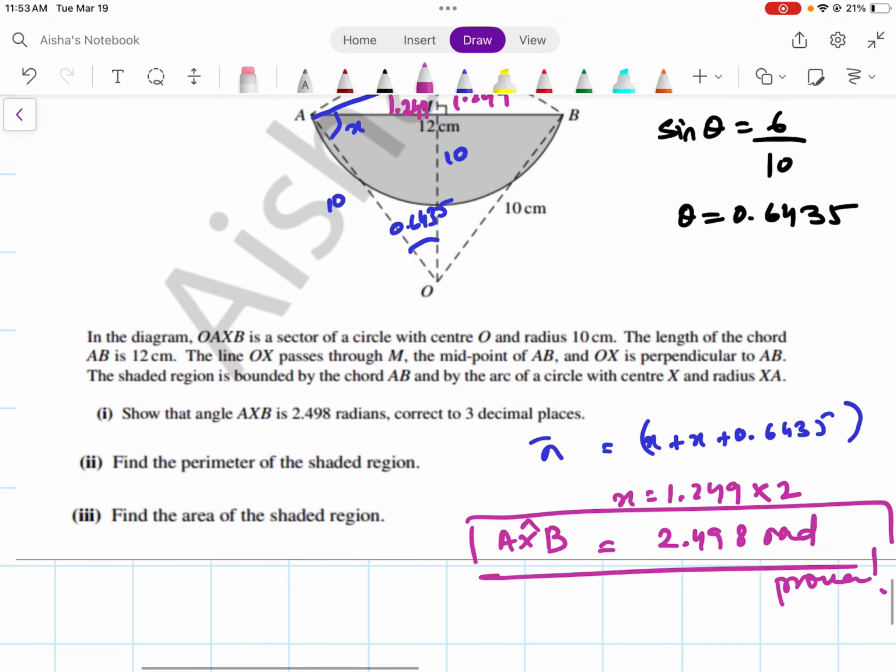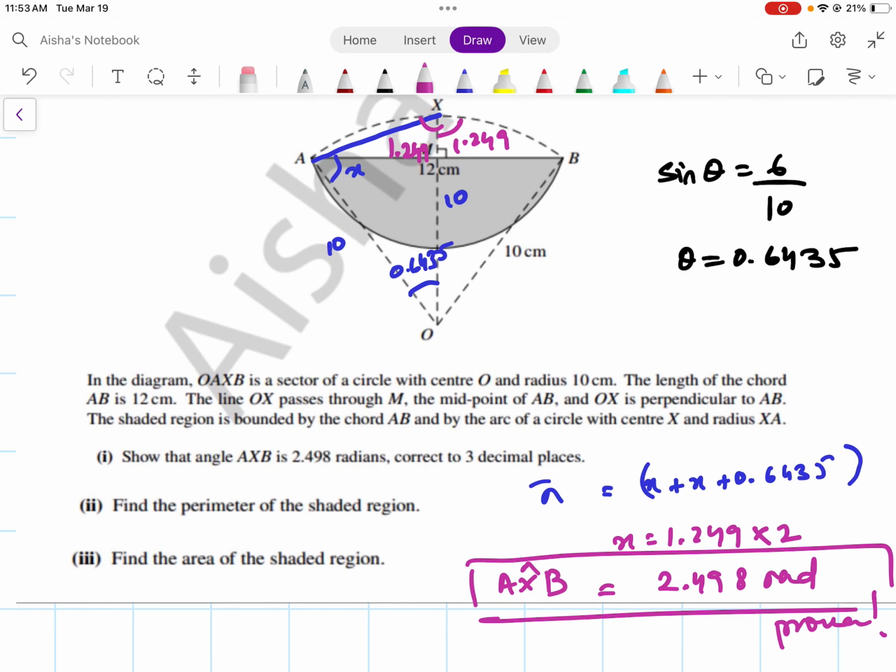Find the perimeter of the shaded region. It's an interesting question. Let's remove these lines. AMB seems like a... Okay.